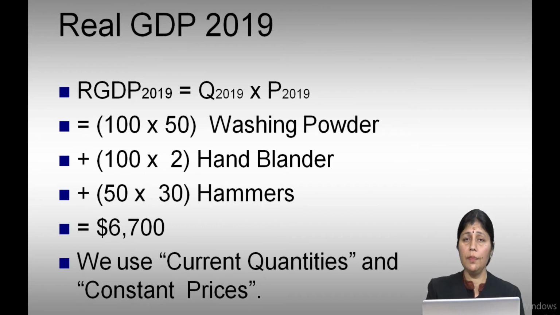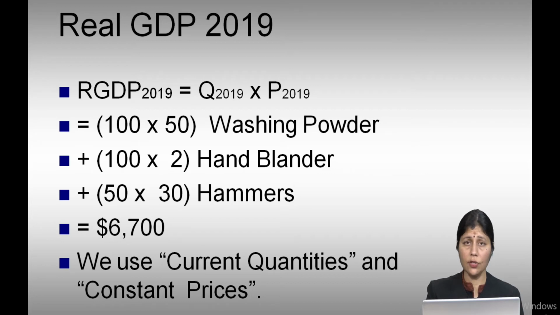Now, how will the calculation occur for real GDP 2019? Real GDP 2019 is equal to quantity of 2019 multiplied by price of 2019. You can see on the slide whether variations in prices are coming.